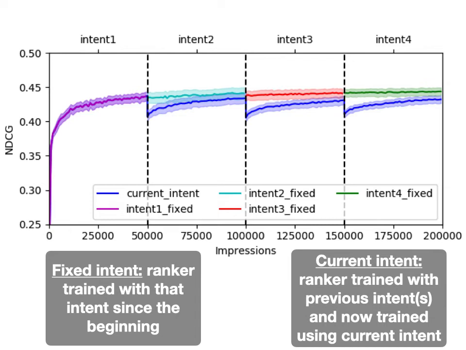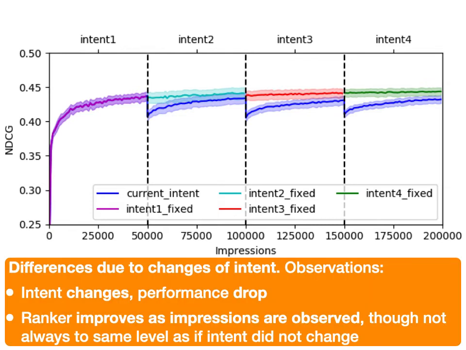Okay, so now what we see here is that there are differences between the ranker trained with the intent that is current at that point in time and the ranker that was trained with the intent in that point in time since the beginning.